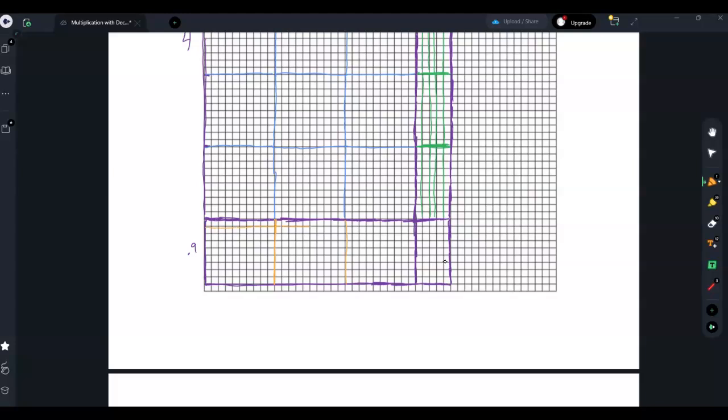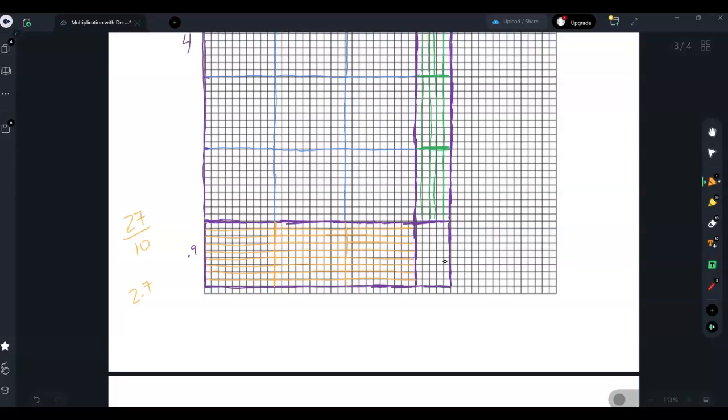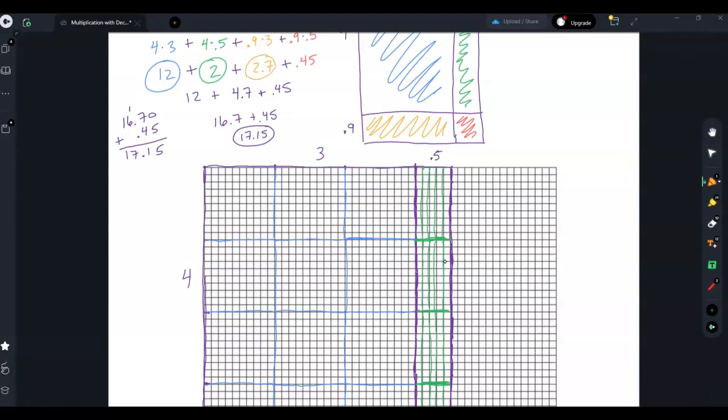So there's 1, 2, 3 rods on the first row, 4, 5, 6, 7, 8, 9, 10, 11, 12, 13, 14, 15, 16, 17, 18, 19, 20, 21, 22, 23, 24, and then at the bottom now, 25, 26, 27. So I have 27 rods, or 27 tenths, and dividing by 10 means I move the decimal one space. So that's where we can come up with the 2 7/10.